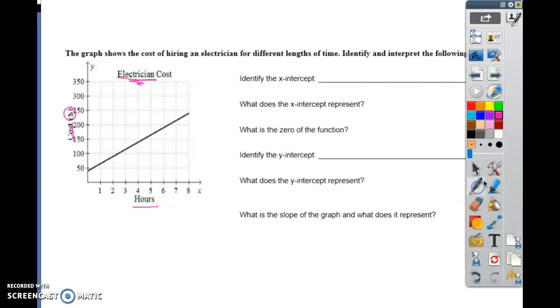So let's identify the x-intercept. Is there an x-intercept? No, there is no x-intercept. What does that represent if there's no x-intercept?